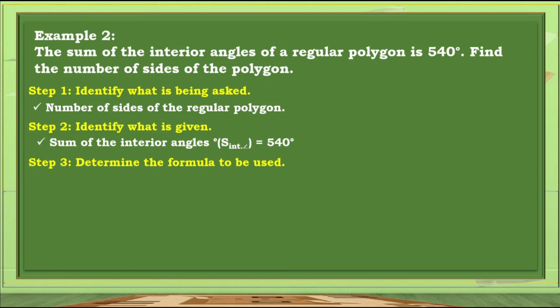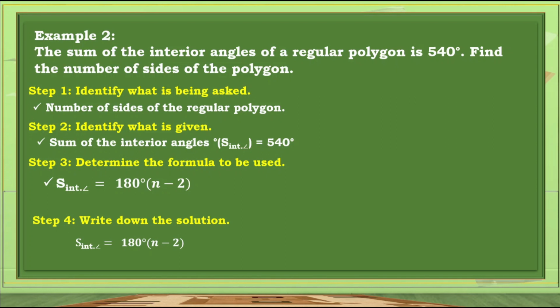Step 3, determine the formula to be used. We will use the formula for the sum of the interior angles, and that is 180 times the quantity of n minus 2. Step 4, write down the solution. From the formula, we substitute 540 in place of the sum of the interior angles.